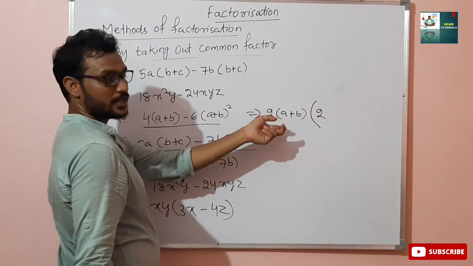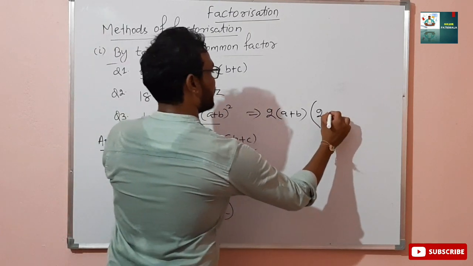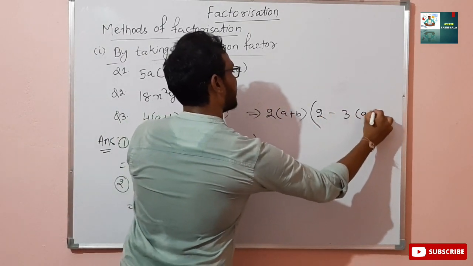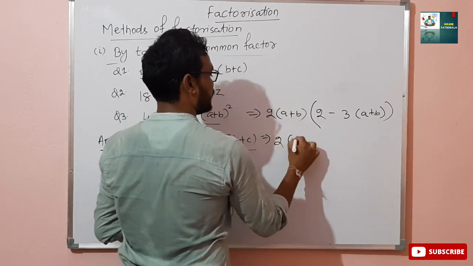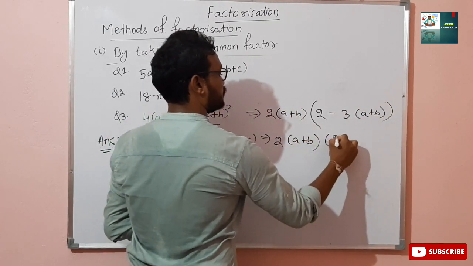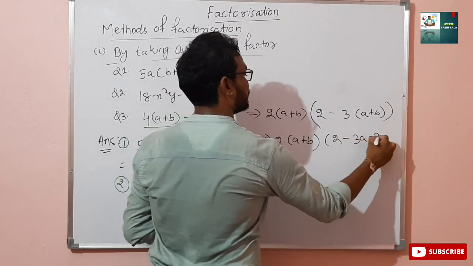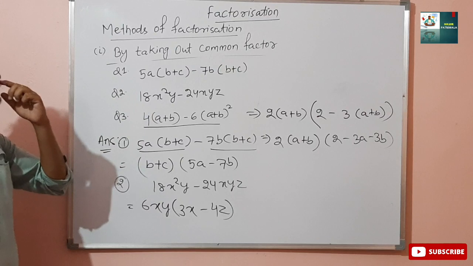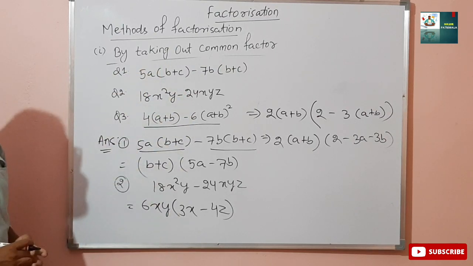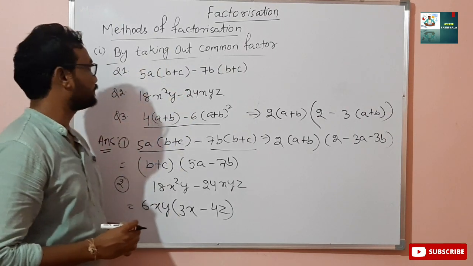A plus b is already here. Now here 3 into a plus b. You can further expand this one. So you will get 2 into a plus b, and this is 2 minus 3a minus 3b. Okay. So these are some examples of taking out common factors and doing the factorization.